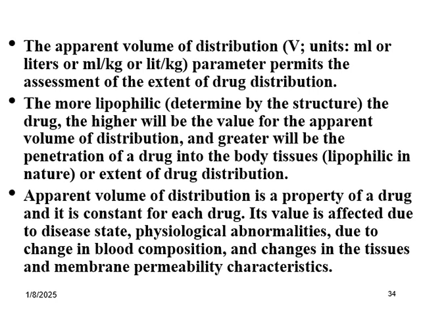Apparent volume of distribution is a property of a drug. That is a property of that certain drug. And it is constant for each drug. This sentence is very, very important. Its value is affected due to disease state, physiological abnormalities, due to change in blood composition and change in the tissues and membrane permeability characteristics.